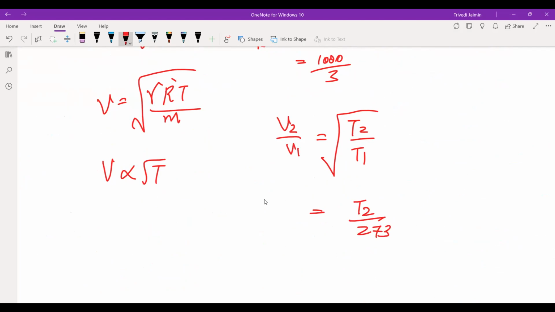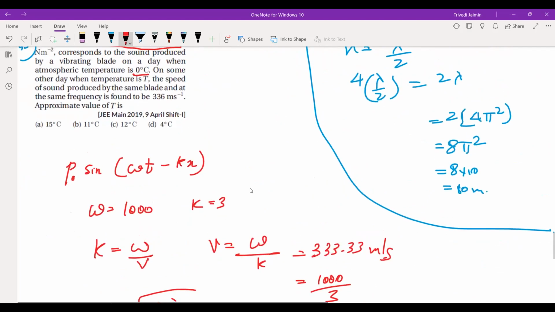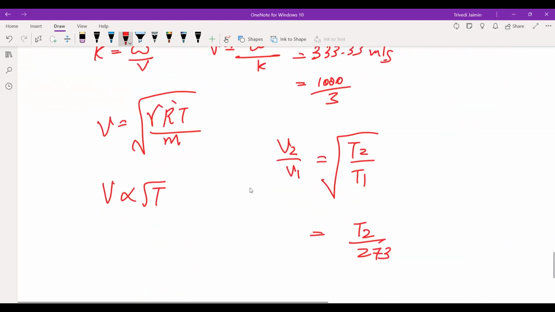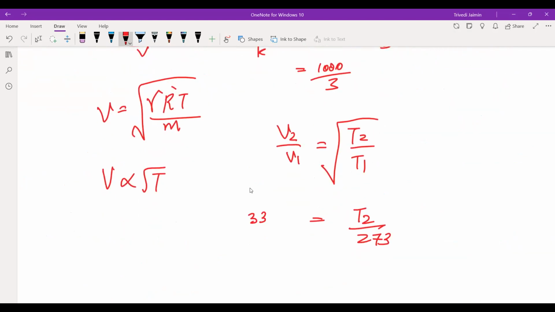V2 is how much? 336. 336. V1 is 1000 into 3.